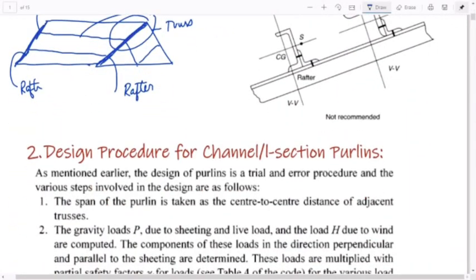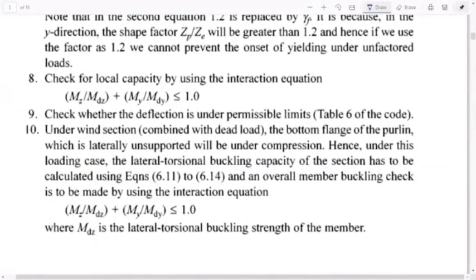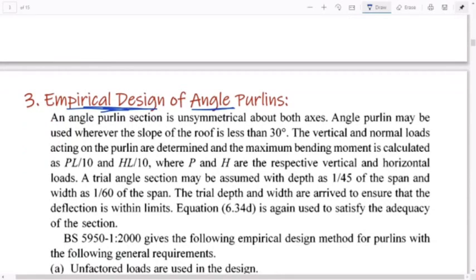Okay, so design procedure. Generally, we use channel sections or I sections and angle sections. If it is C section or I section, this is the design procedure that you need to follow. And if you are going for angle section, we have an empirical design procedure which is obtained from BS 5950-1:2000.